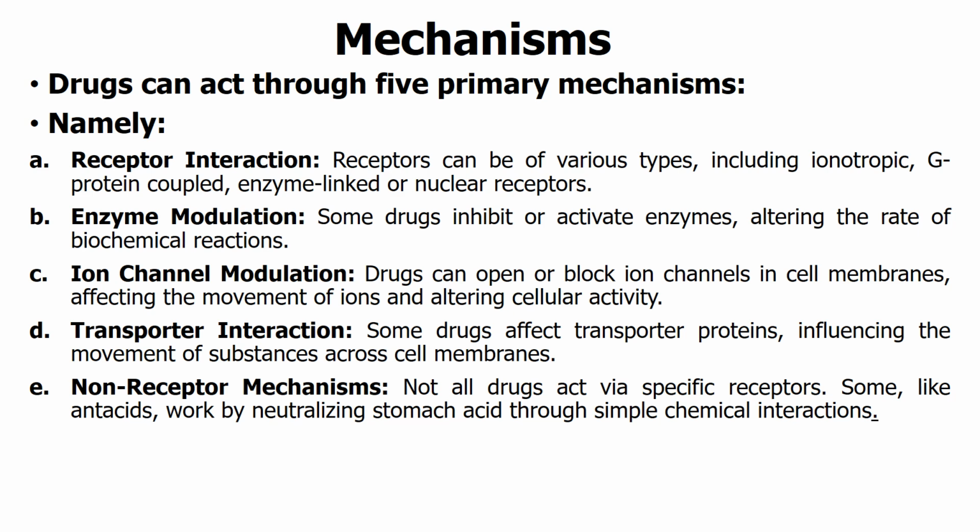One of such is receptor interaction, enzyme modulation, ion channel modulation, transporter interaction, and non-receptor mechanism. We are going to look at each one of these in turn, but before I go into it proper, let us look at the surface of these 5 mechanisms.